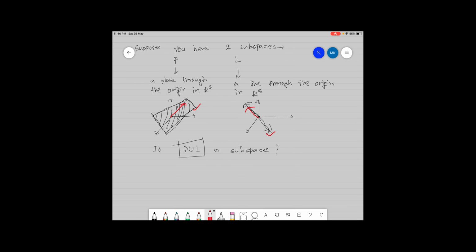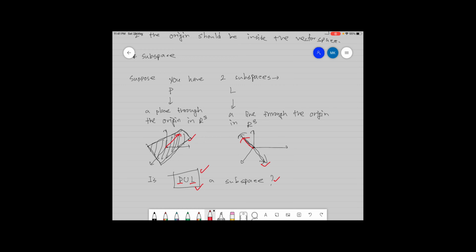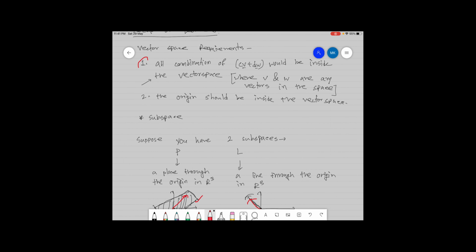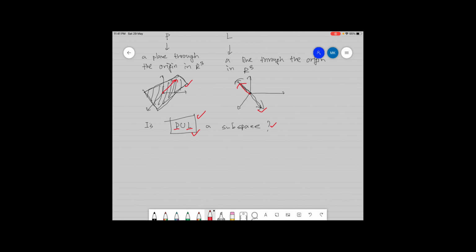It would be somewhere else. So in that case, it would not be a subspace. This P union L is not a subspace, because any linear combination from the two might not be inside that same vector space, which is the P union L. That violates the very first requirement. So P union L is not a subspace.